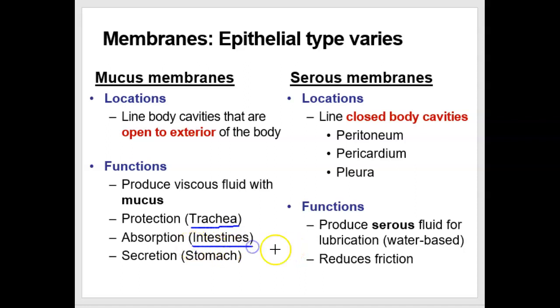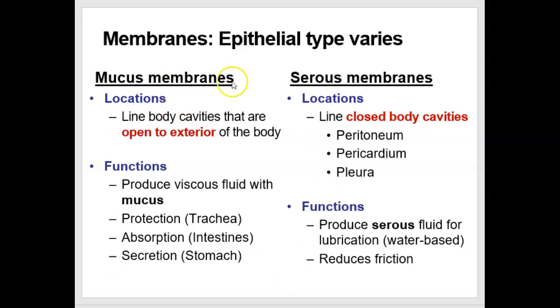The lining of the intestine, because that's open to your mouth, via the stomach, and the large intestine, obviously through the anus. So the function of mucous membranes is to make a viscous fluid that contains some mucus for protection, because you're open to the exterior of the body and there could be harmful substances that come in, or infectious agents. Also important for absorption and secretion of materials, not just mucus.